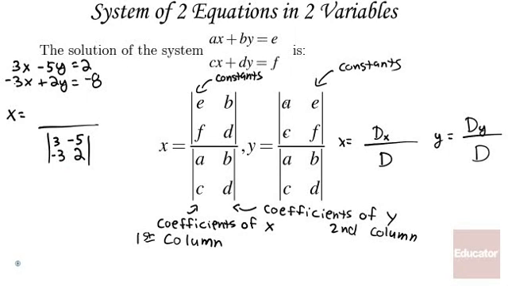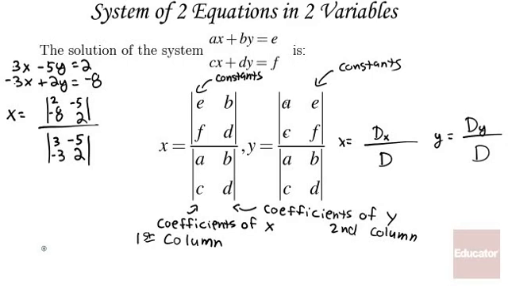Okay, so I've got the denominator, and now I need to find the numerator. Recall that in the numerator, if I'm looking for x, I'm going to replace the x column with the constants. Here that's 2 and negative 8. The y column, I'm just going to keep it as it is down there.